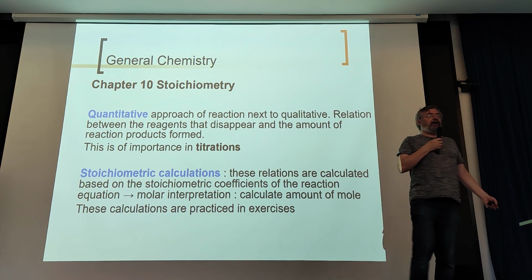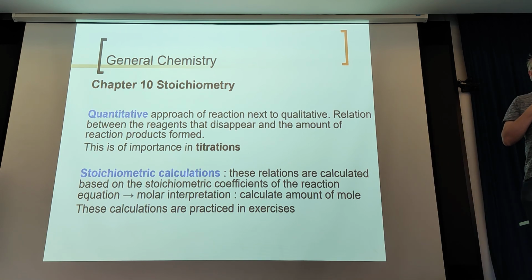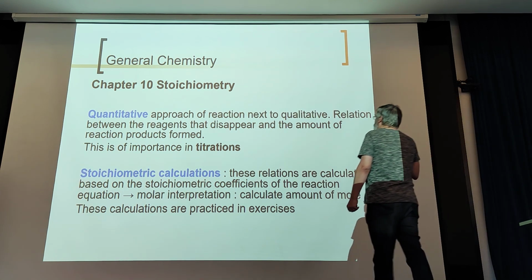Normally you may have reaction A to B, and then you want to know what forms, maybe it is C or maybe D. That is the qualitative approach. You know what is going on. The quantitative approach needs us to know how much is being formed of the compounds C and D.